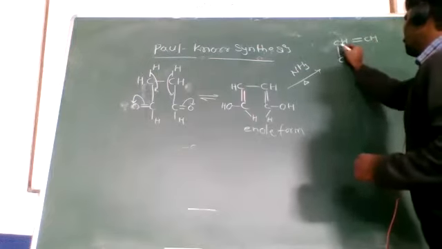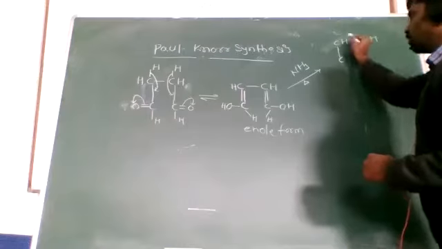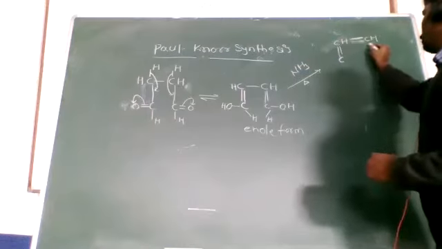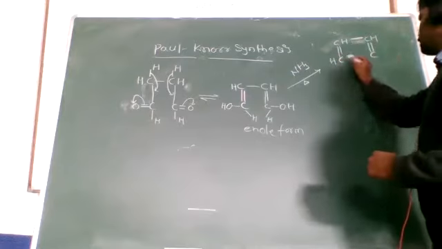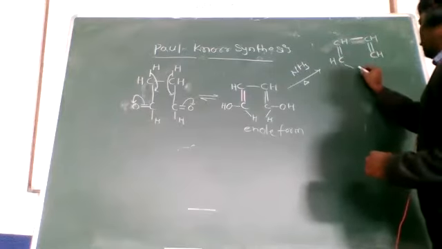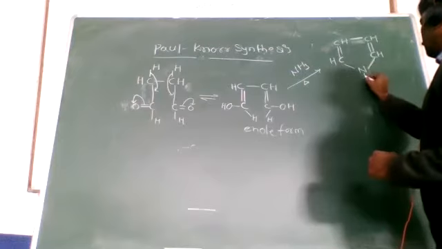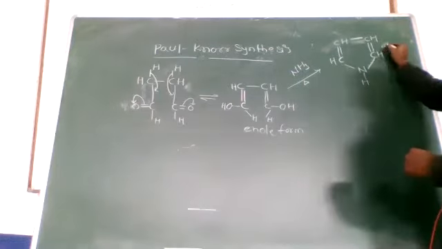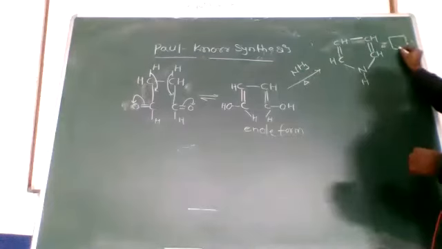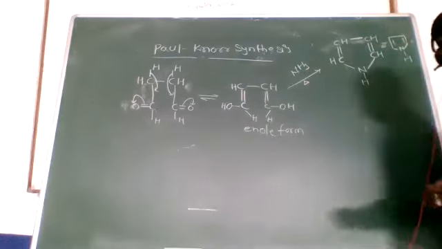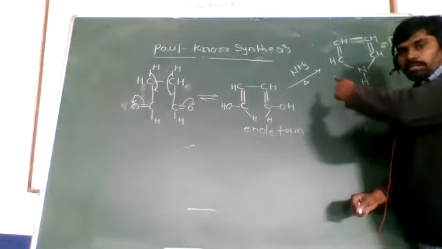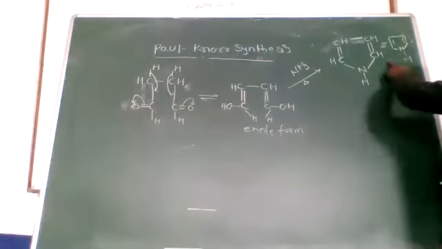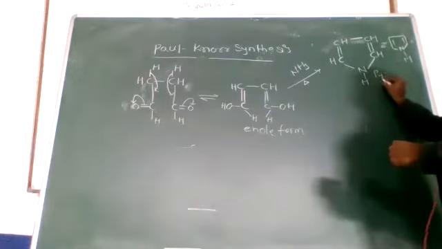Sorry, not a double bond here, a single bond. This is a single bond. Now here is a double bond, C, H, H. Here is an N, H. This is the pyrrole. When succinaldehyde reacts with ammonia, pyrrole is formed. This name is pyrrole.